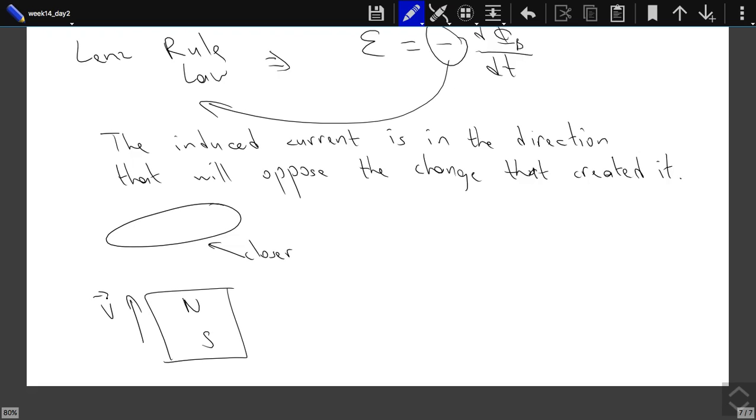You see, B is increasing in the upward direction, right? As the magnet is approaching my ring, B will be increasing in the upward direction, which will create an increase in the flux. So the induced current should try to oppose it. So it should be creating a downward additional magnetic field. So it should be this way. If you look at it from the top, it's clockwise.